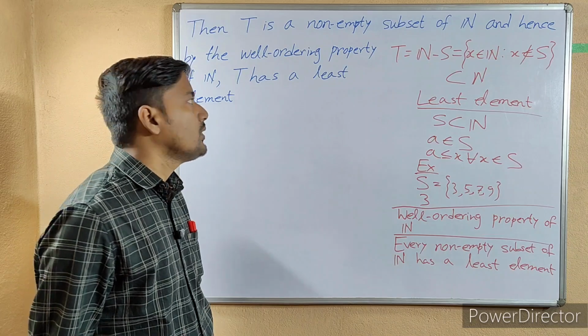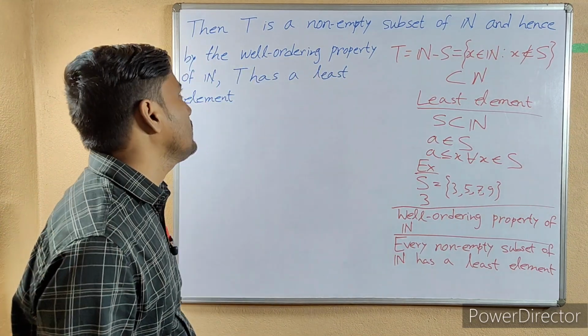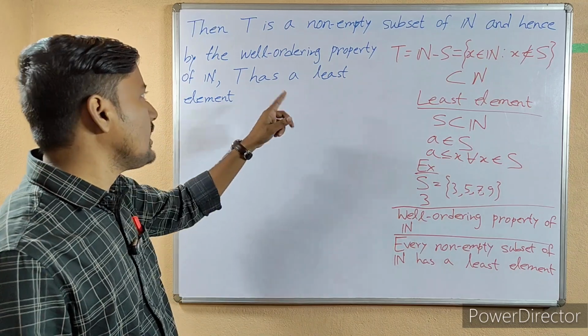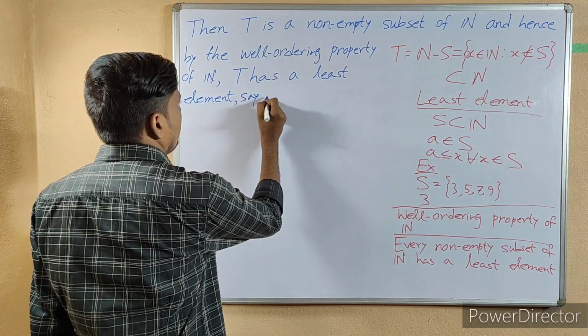Now come back to the proof. T is a non-empty subset of N and hence by the well ordering property of N, T has a least element, say m.